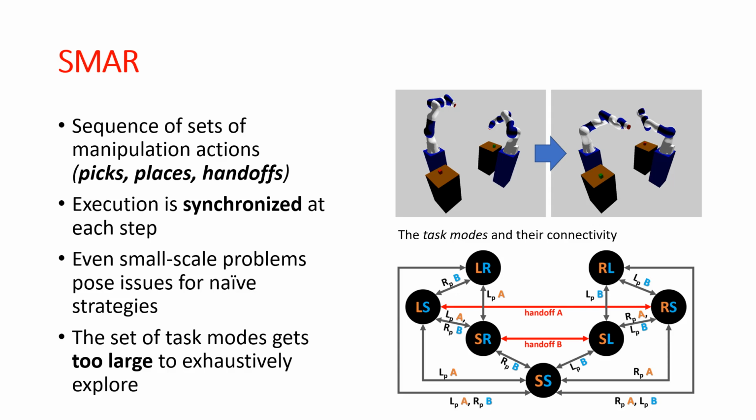And such a graphical structure for just two objects can be seen in the figure in the bottom right. And this underscores the importance that, especially when you have an increasing number of arms and an increasing number of objects, just naively searching that space is not going to be feasible or tractable.